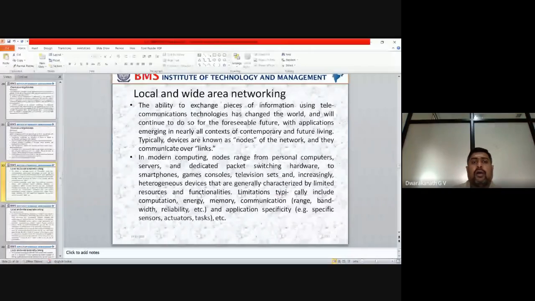Now the next topic will be local and wide area networking. In local and wide area networking, first we should think about devices: for a particular problem, which sensors and actuators I should use to solve it, and how I can reach the objective or goal of a project.